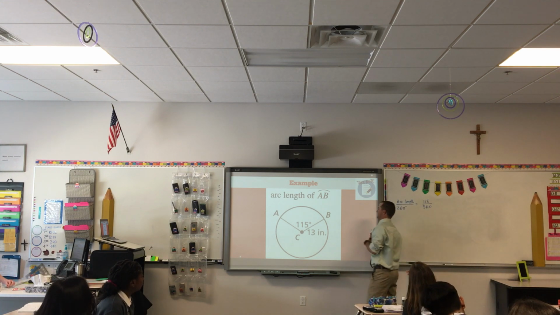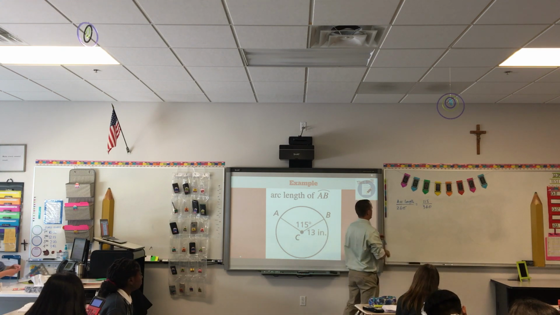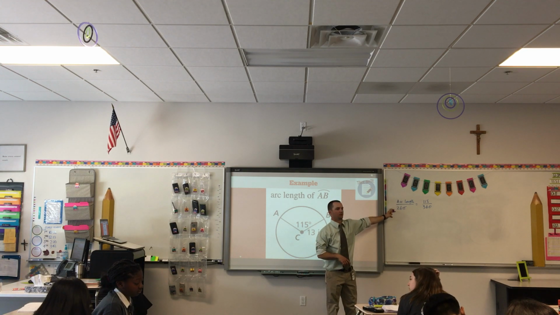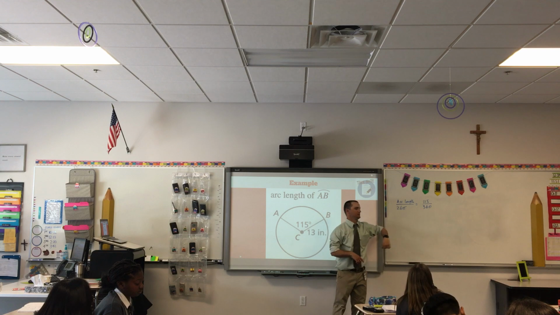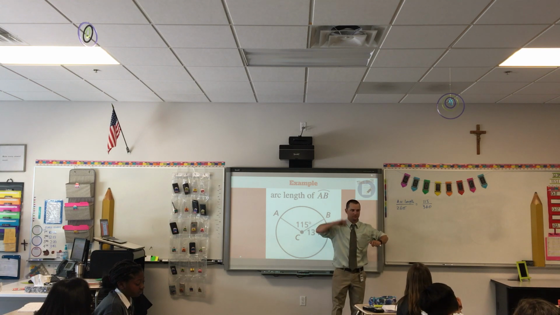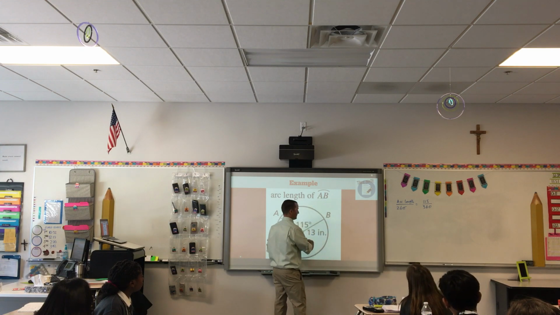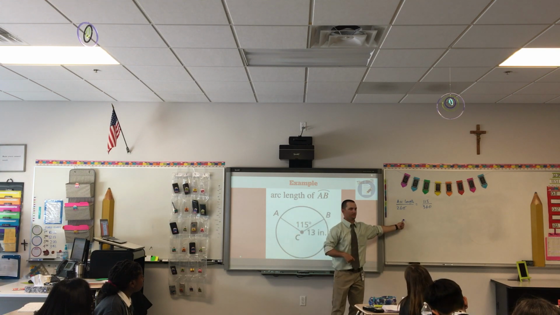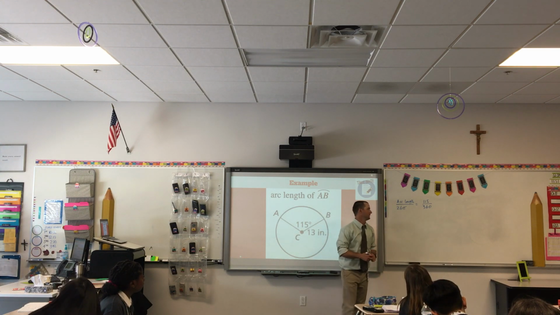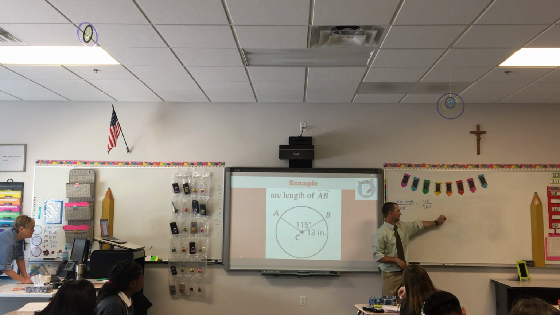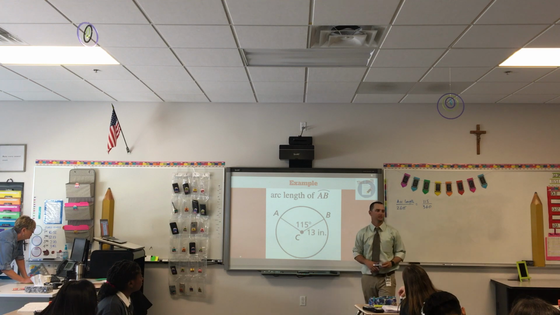When we set up our proportion, we have our arc length over the total arc length, which is the circumference. Remember, the circumference is the diameter times pi. If our radius is 13, our diameter is twice that, 26. We put that over our arc measure, over the total arc measure of the circle, which is 360.